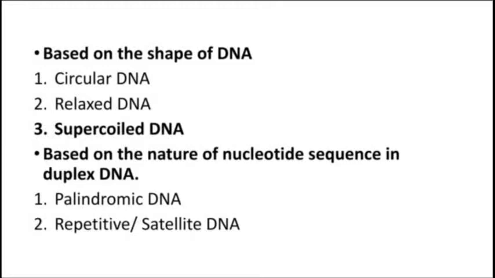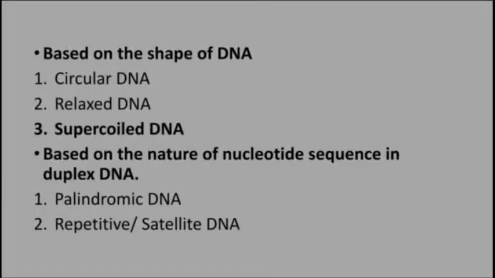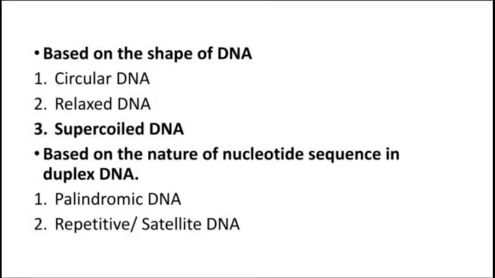They are circular DNA, relaxed DNA and supercoiled DNA. And the last classification is based on the nature of nucleotide sequence in duplex DNA. They are palindromic DNA and repetitive or satellite DNA. Let us study in detail all these types of DNA.